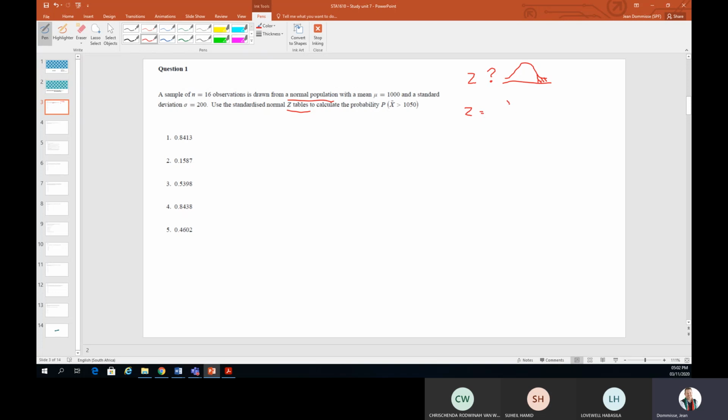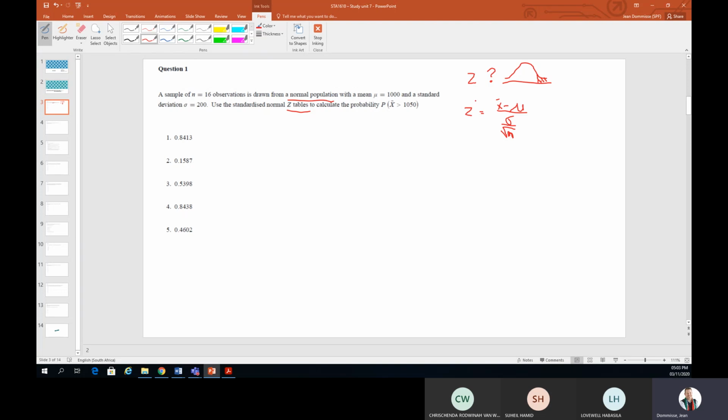Also remember the formula for the Z when we know that there is a sample involved, that is your formula. That is the n.